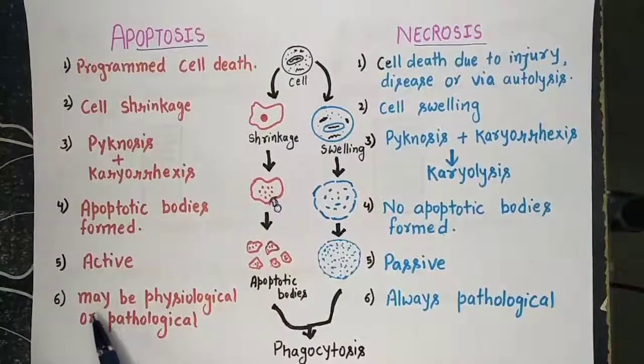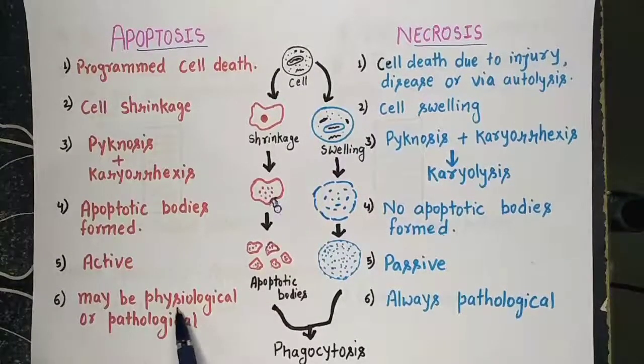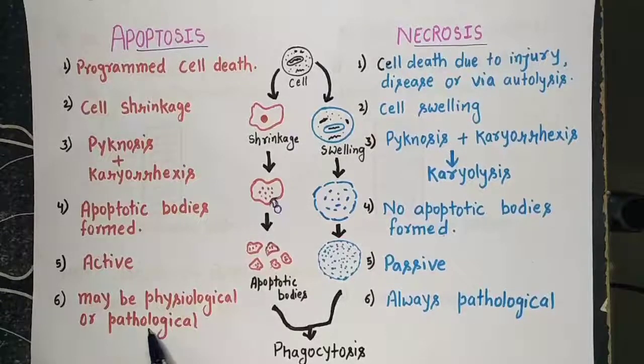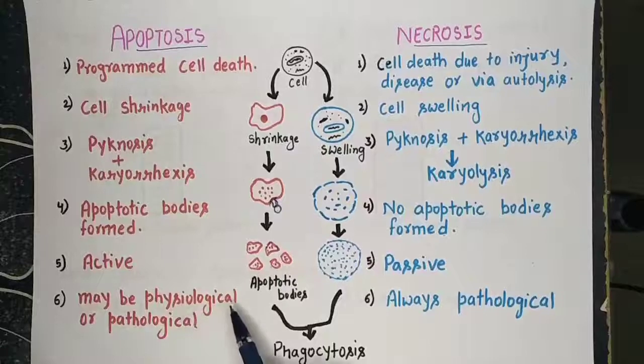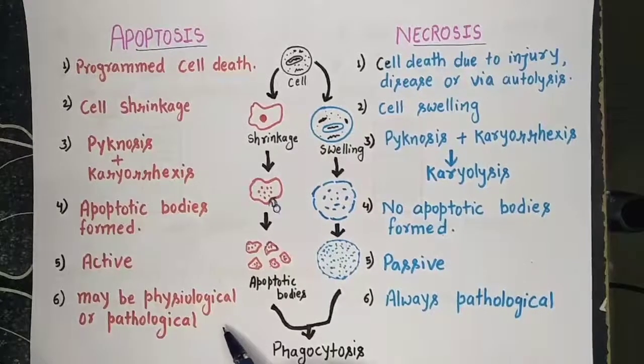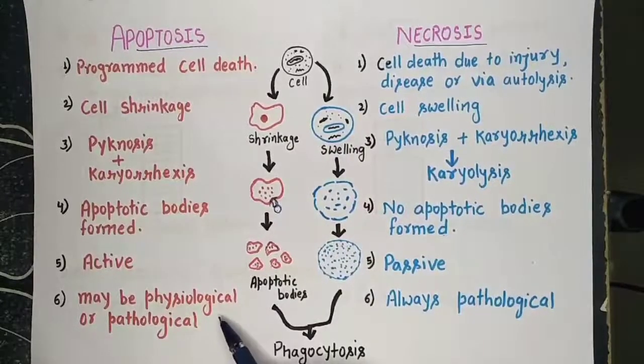Next point is, apoptosis may be either physiological or pathological. Physiological means it can occur in a normal cell as well. Apoptosis can be present in our body normally, as in case of embryogenesis. I have discussed this in my previous video.